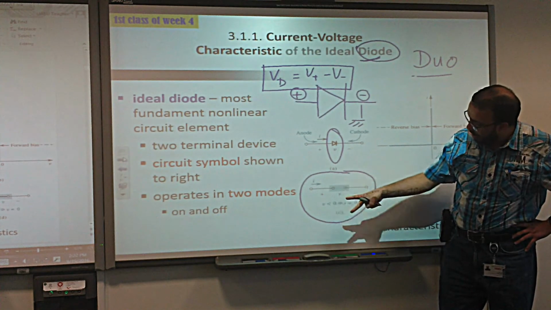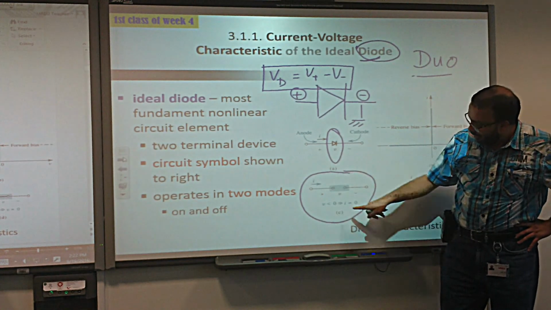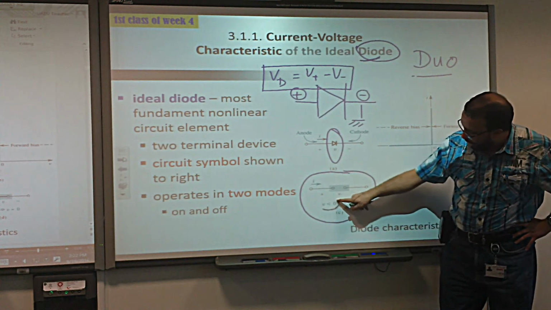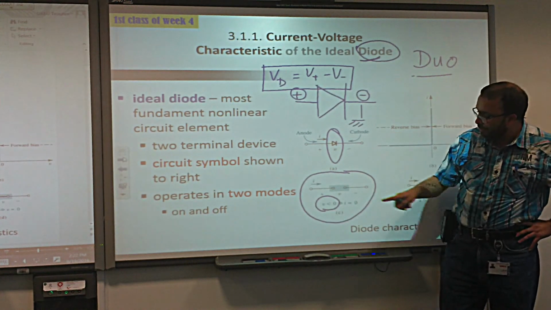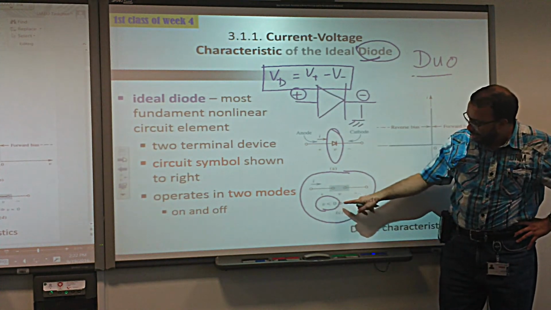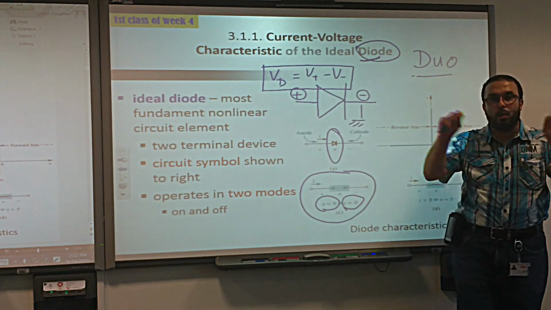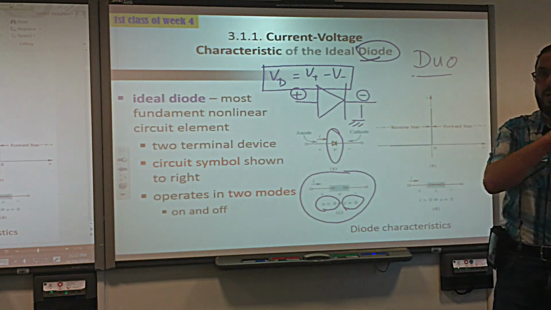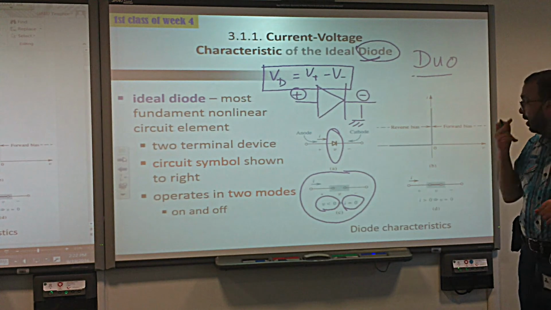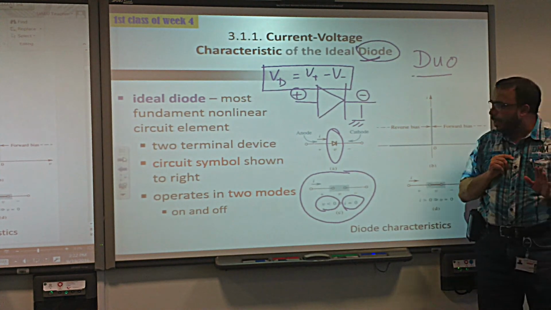Open circuit means it's cut, like a wire that is cut. So if the voltage applied on the diode, VD, is less than 0, the current is equal to 0 because it's open. When it's open, nothing will pass. Right? Good. Now, this is number one.